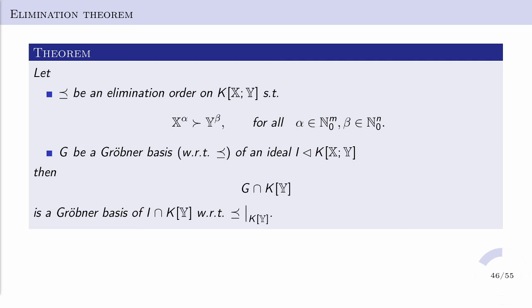And then we have a Grobner basis with respect to this monomial order of some ideal, and the elimination theorem says that if we intersect the Grobner basis with the ring of polynomials in y's alone, so without any x's, then this set will be the Grobner basis of the ideal intersected with this ring.